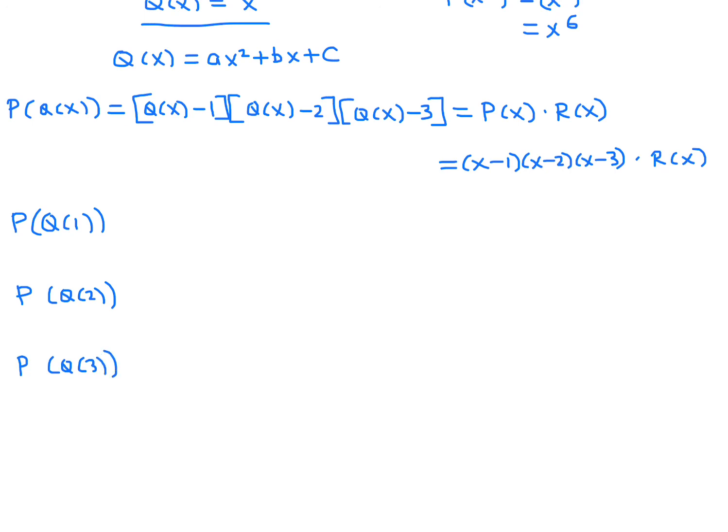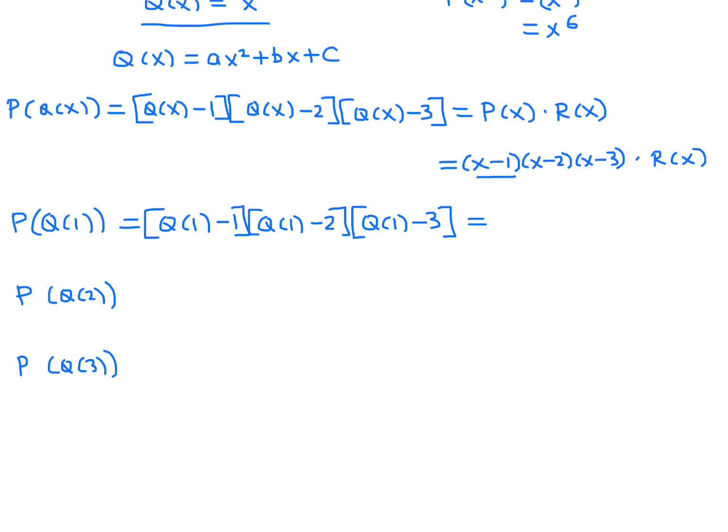Okay, so let's do these individually. Q(1) basically becomes (Q(1) - 1)(Q(1) - 2)(Q(1) - 3). And if you're putting in Q(1), that means you have set x as 1.